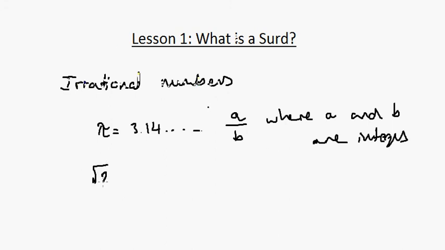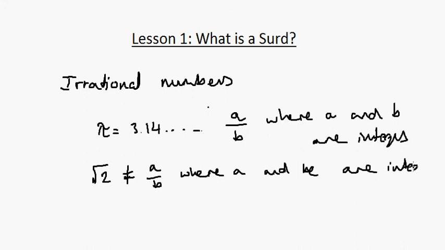You cannot write root 2 in the form a over b, where a and b are integers. Okay, and another one is root 3. Now root 4 can be written as 2, so it's not a surd and it's not irrational.